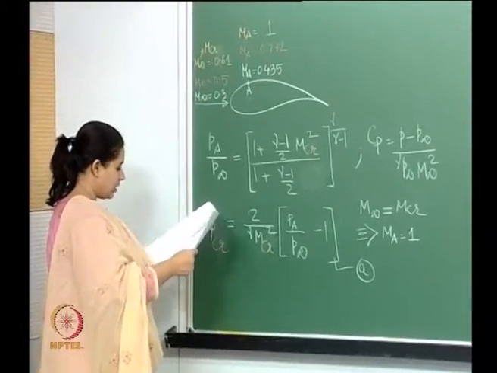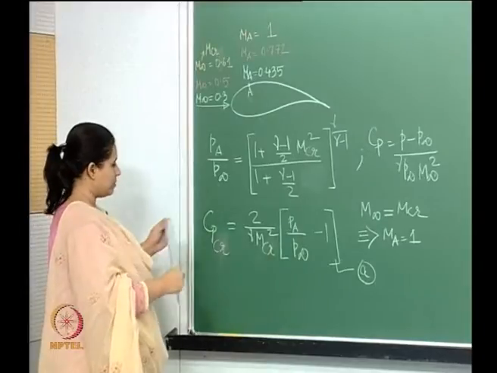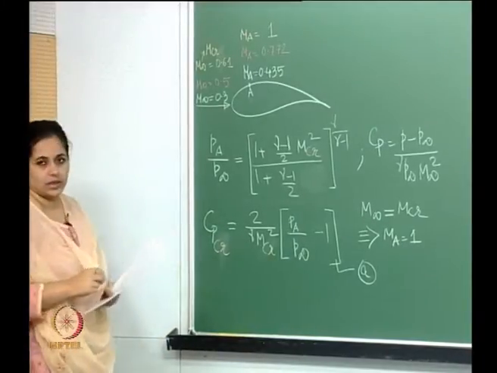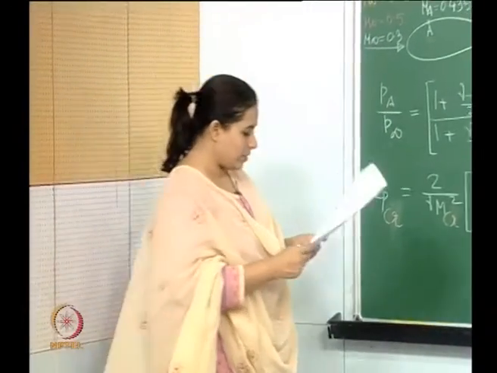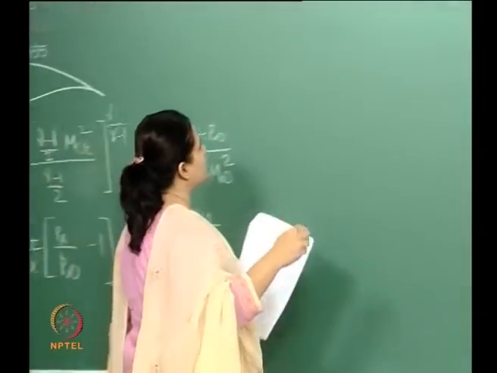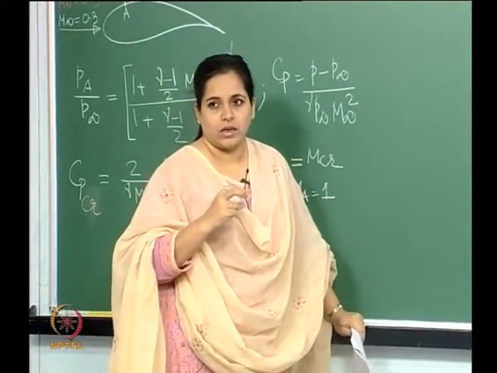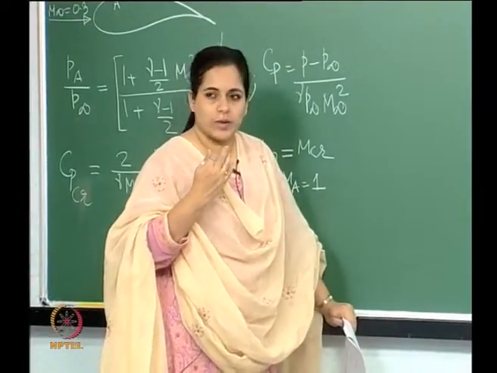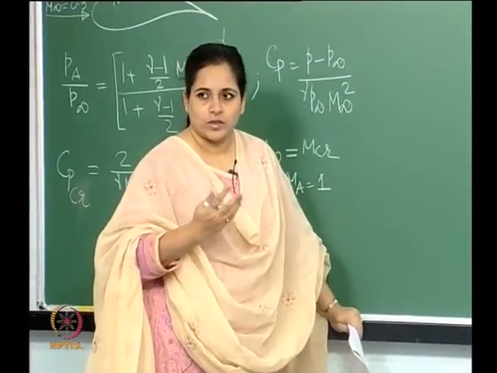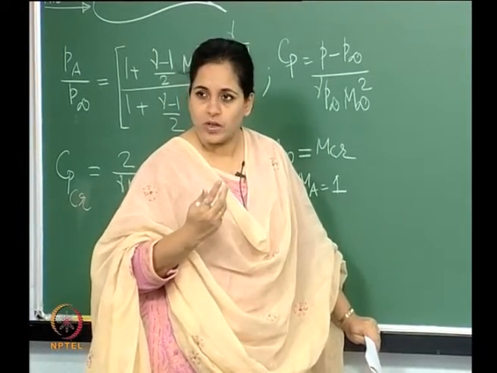So now, what we did last time, in the last lecture, was first of all the Prandtl-Glauert rule, which gave us a connection between the compressible flow coefficient of pressure and the incompressible flow coefficient of pressure.